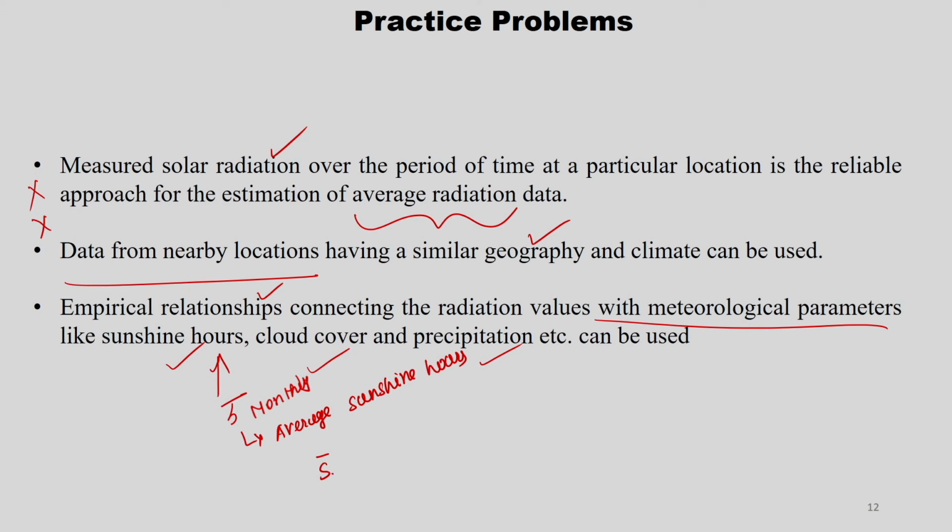The second is S bar max, the monthly average of maximum possible sunshine hours per day.